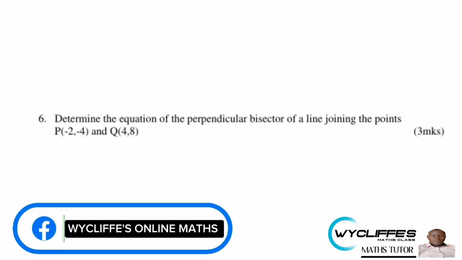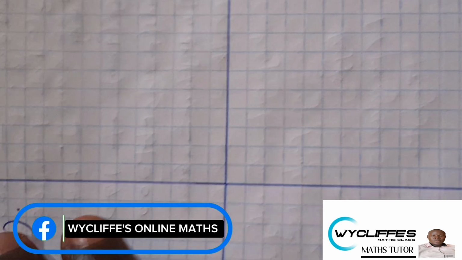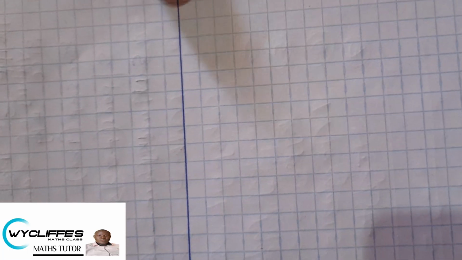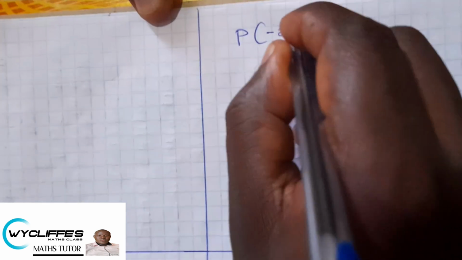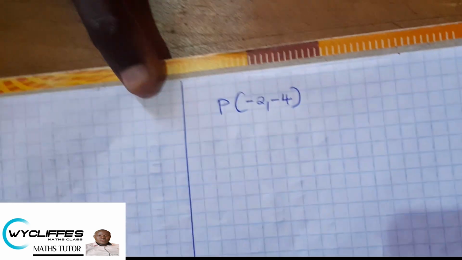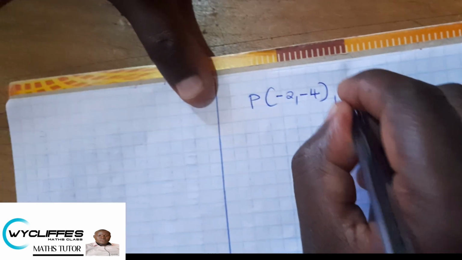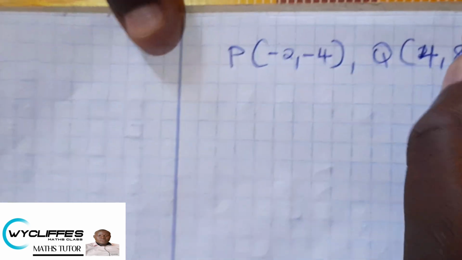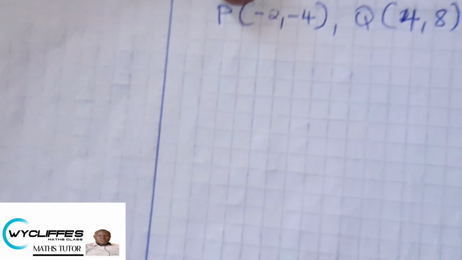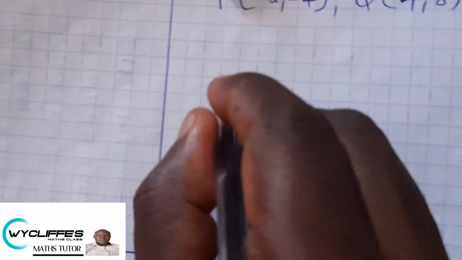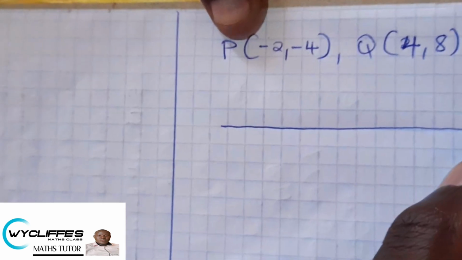Now, to find the equation of the perpendicular bisector, step one, we are given the points P(-2, -4) and Q(4, 8).